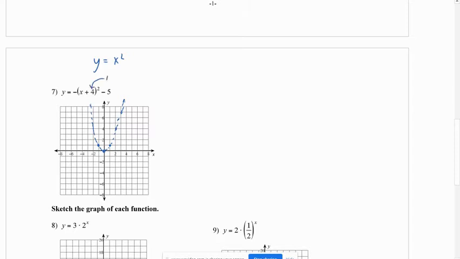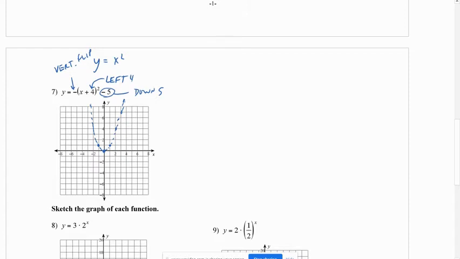The plus 4 is going to move it left 4. The minus 5 is going to move it down 5. And then the minus in front is going to be a vertical flip.